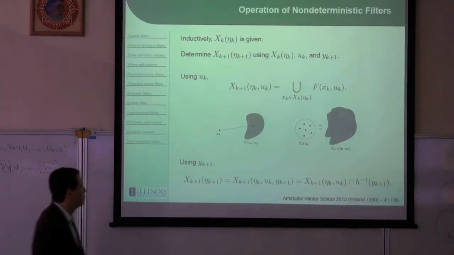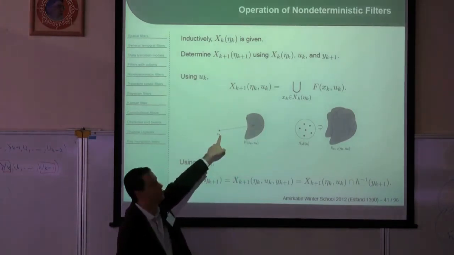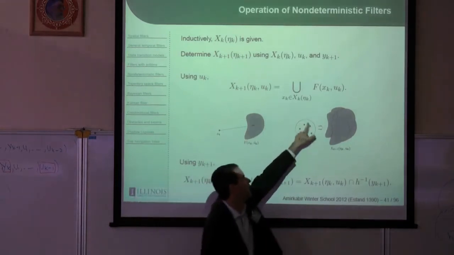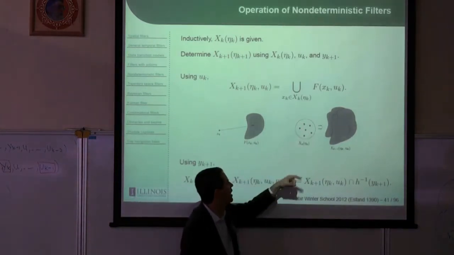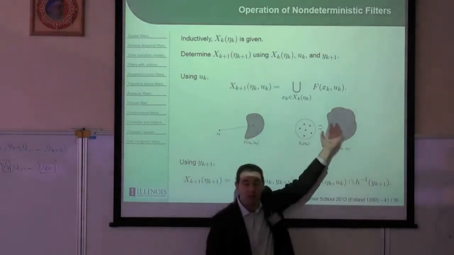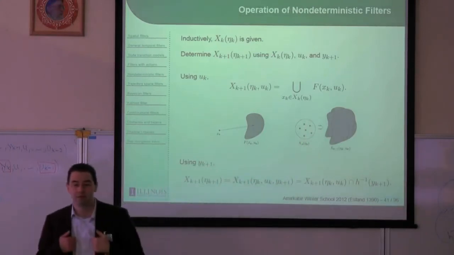So it looks something like this. I get some set of next possible states given xk and given u. However, I could be anywhere inside of this larger set, so I apply this capital F function to all of these points in here, and then just take the union of it. Does that seem reasonable?